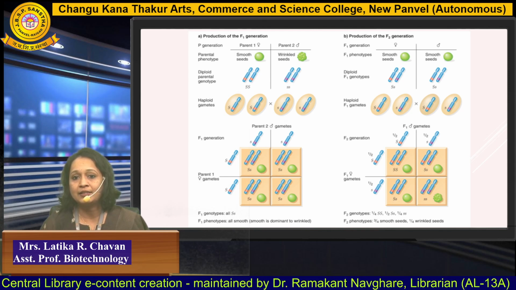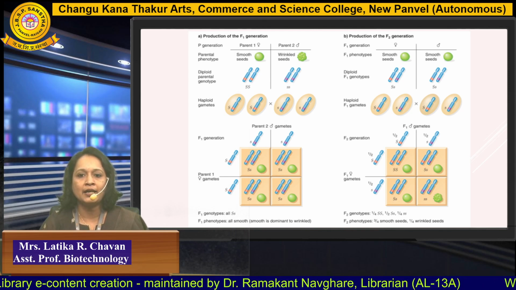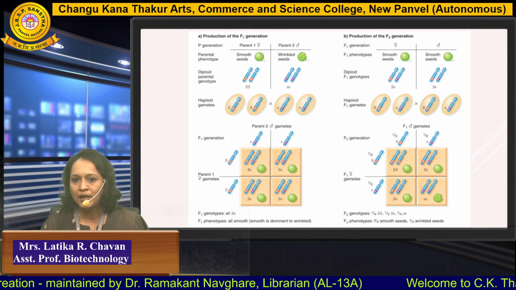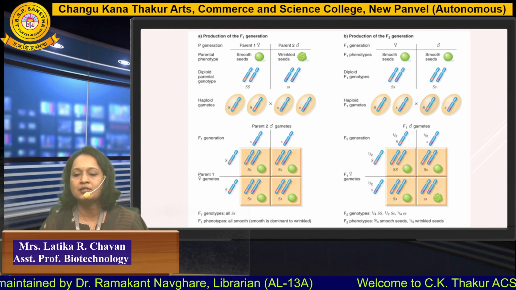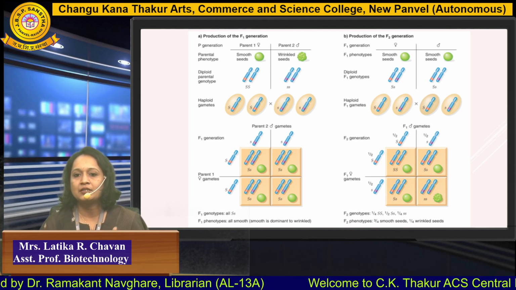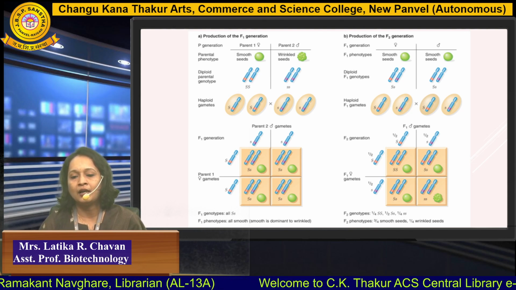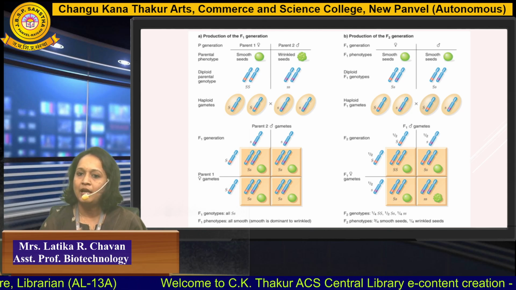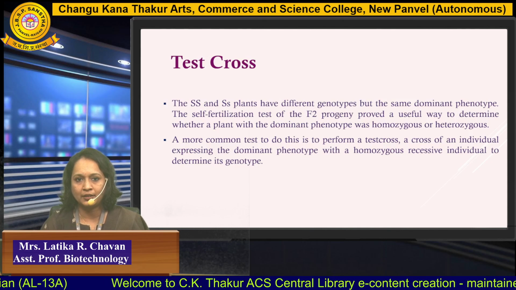What does it indicate? The genotypic ratio is 1:2:1: one capital S capital S to two capital S small s to one small s small s. That means only 25% are recessive characters which will express in the F2 generation, and 75% dominant characters.